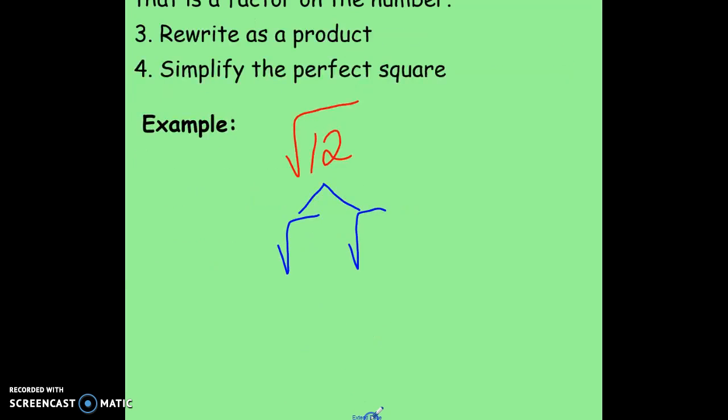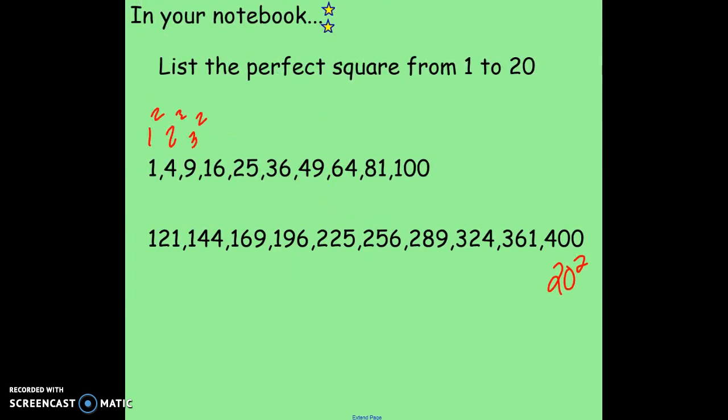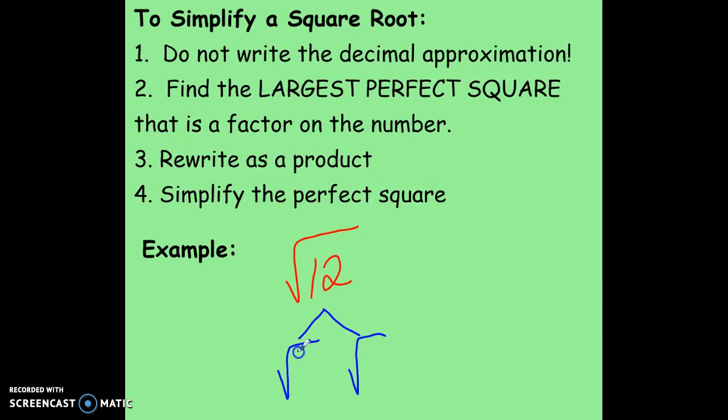Okay. What is the largest perfect square that can be divided out of 12? Okay, so you go back to your list, and you look at all of the numbers here, and what we find is 4. So 4 times what is 12? 4 times 3. Okay.